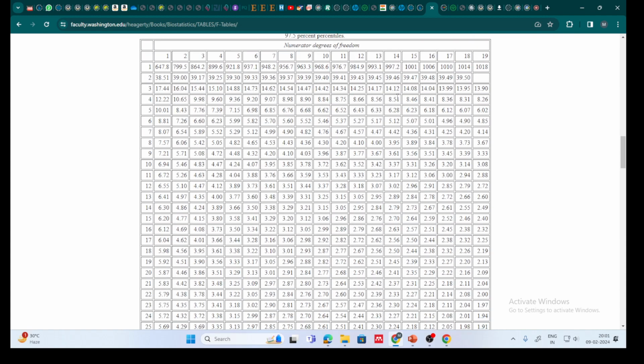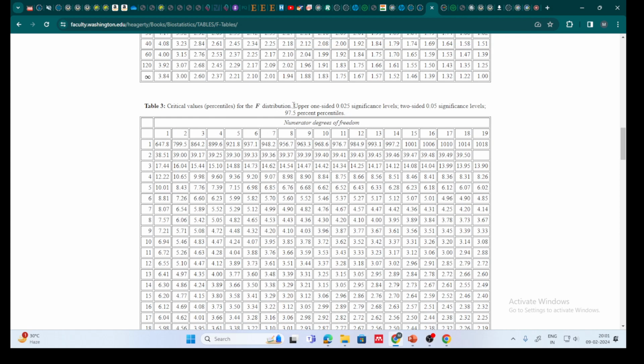But if we are going for upper one sided 2.5, then two sided will be 5 percentile. In our question they have told two sided 5%, but if we divide it into one tail two tail, it will be 2.5% only. So effectively we have to check for the 97.5 percentile only, because we are not going for the alpha, we are going for the alpha by 2. Okay, sir.